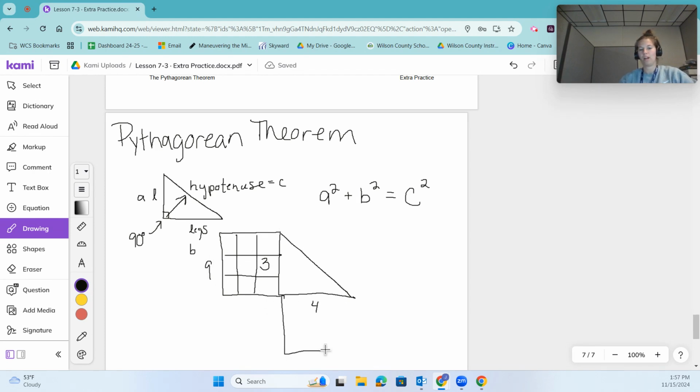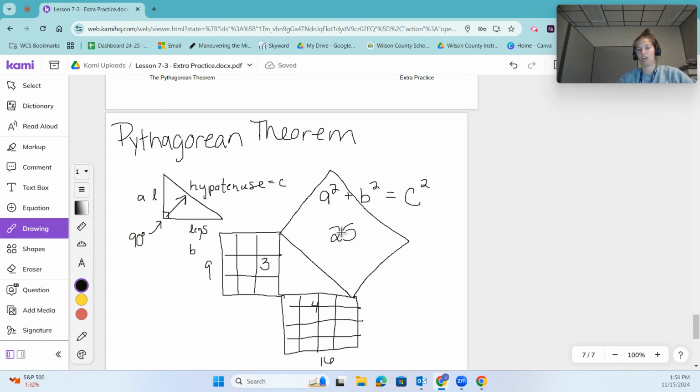And then 4 squared, I would have 1, 2, 3, 4, and this would have 16. That means 9 plus 16 is 25. Well, that means this hypotenuse here would be 5, because the square root of 25 is 5. So we can use that to figure out missing side lengths.